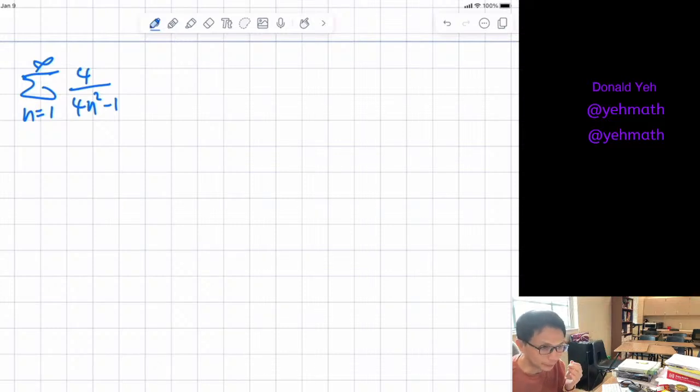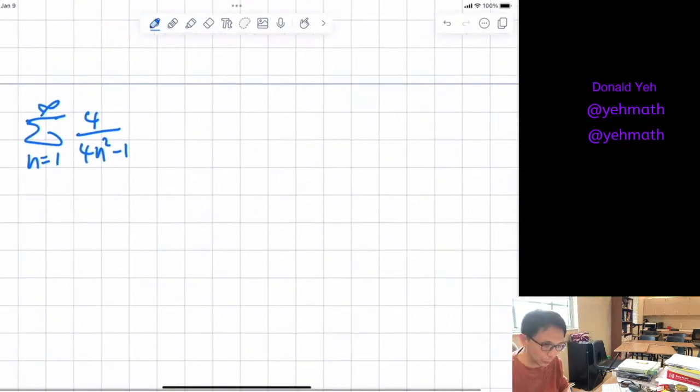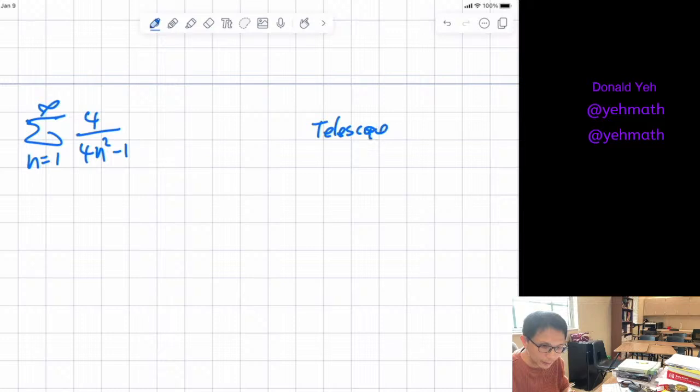Okay, so yeah. Very cool, very cool. Now, we learned the first series yesterday, which is the telescope series. The rule of thumb for the condition is usually the bottom is factorable, or it's 2 fractions subtracting.